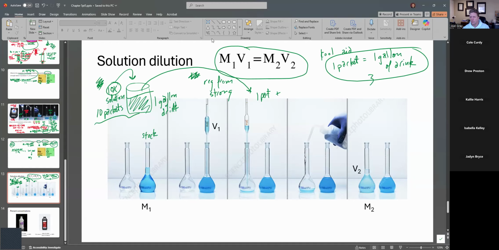Add to the chat what you would do to that one part. Add water. Would everyone agree with me that since it's a 10x solution, it would be one part of strong Kool-Aid and 9 parts water?